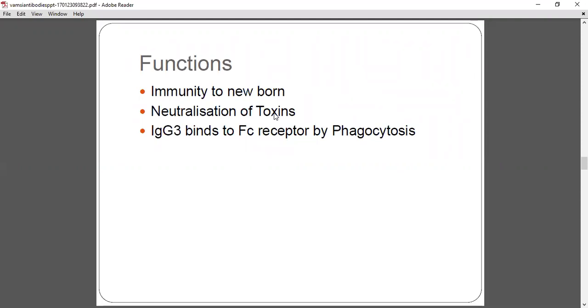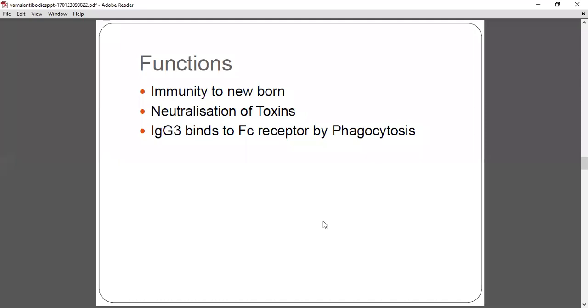Let me put this in perspective. IgG is an opsonin. I repeat, opsonin, O-P-S-O-N-I-N. It's an opsonin that encourages phagocytosis by binding through its Fc receptor to a macrophage.